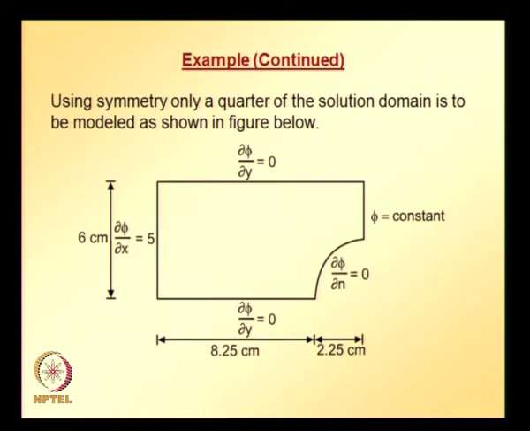This is because of the assumption of uniform flow in the x direction. The boundary condition on the right vertical face is that potential is equal to a constant because of symmetry.